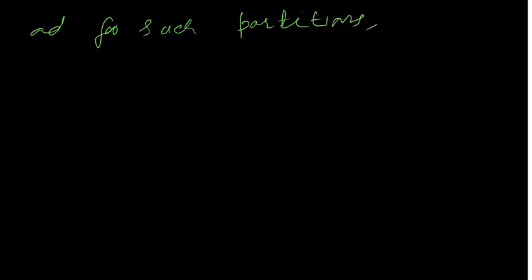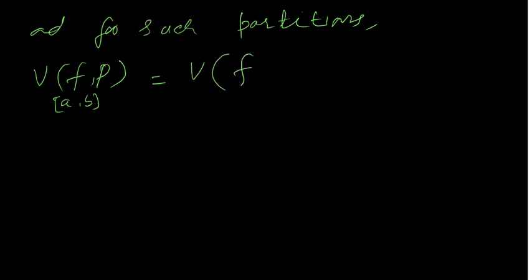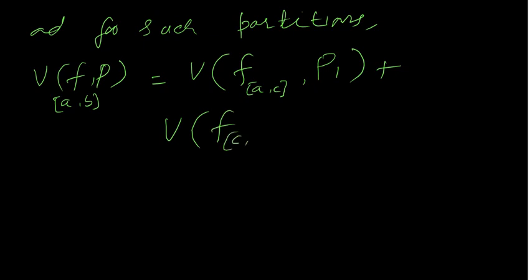For such partitions we have the variation of the function f with respect to the partition P over the interval AB, which is equal to the variation of f over the interval AC with respect to the partition P1, plus the variation of f over the interval CB with respect to the partition P2.